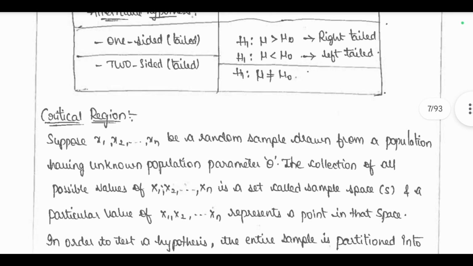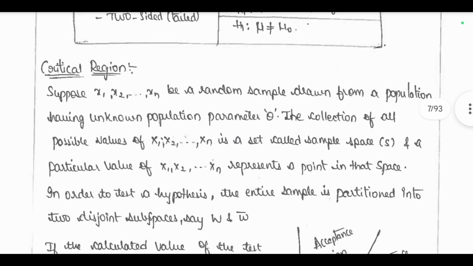Next, one more important definition, the critical region. Suppose x1, x2, x3 and so on, xn is a random sample drawn from the population having unknown population parameter theta. The collection of the possible values of x1, x2, x3 and so on, xn is called the sample space S, and a particular value of x1, x2, x3 and so on, xn represents a point in the space.